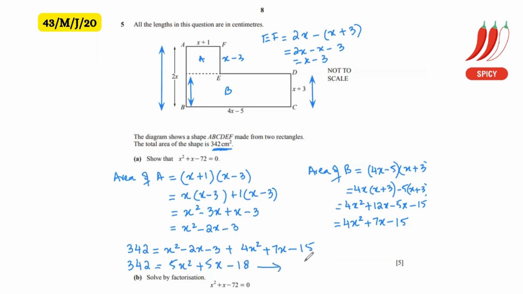So that's going to be 0 equals 5x squared plus 5x minus 18 minus 342, which gives us 5x squared plus 5x minus 360. Since 5 and 360 are both divisible by 5, when we divide the entire expression by 5, what we get is x squared plus x minus 72 equals 0.